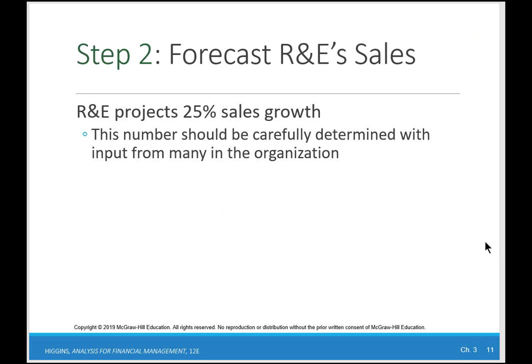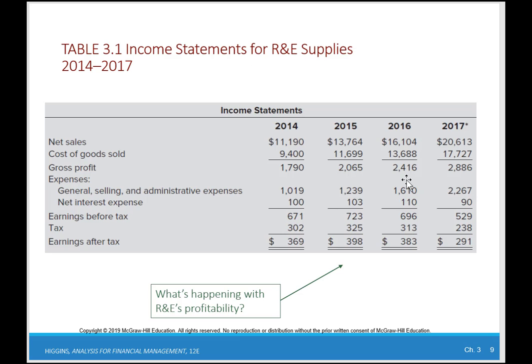Maybe, maybe not. Step 2 is we need to forecast their sales. So again, we need to really take a look at this process. If you look back at sales, a 25% increase in sales is going to increase sales roughly $5,000. From last year to this year, it was $4,000, so that's about 25%.